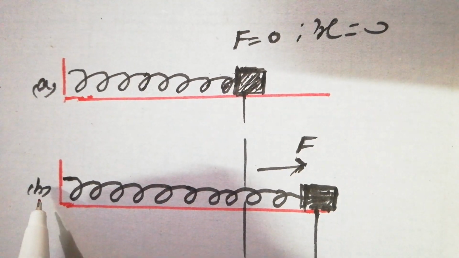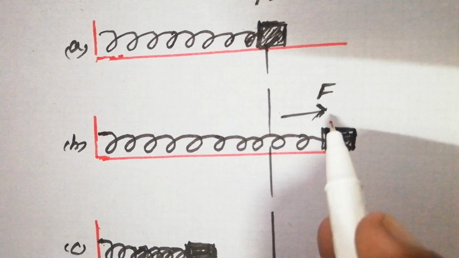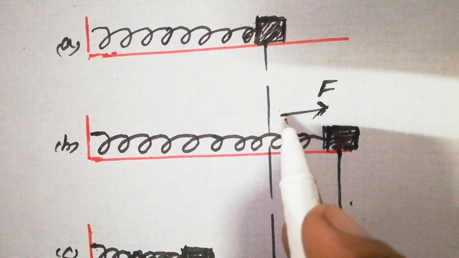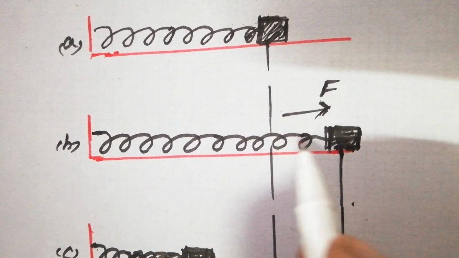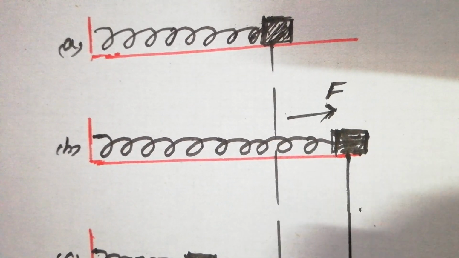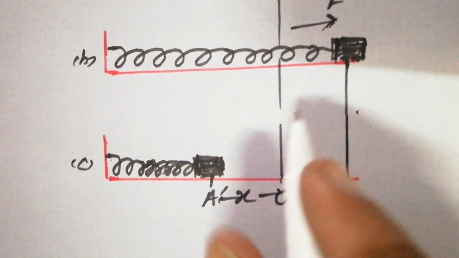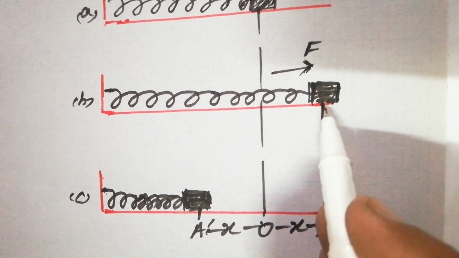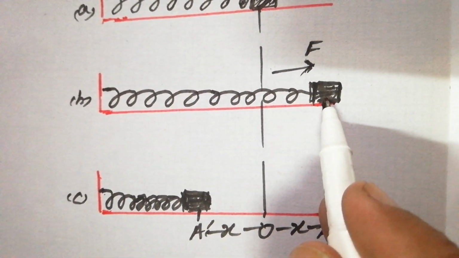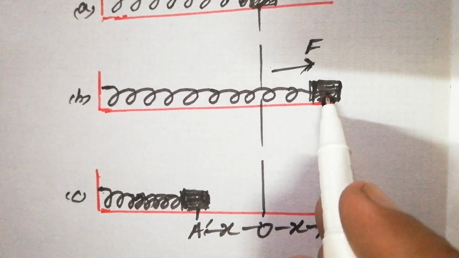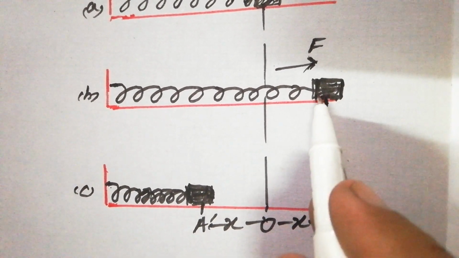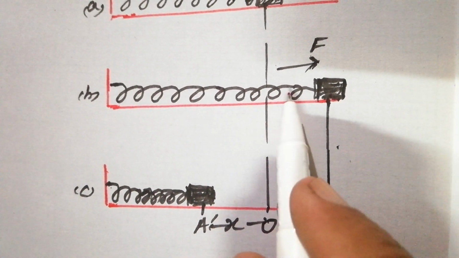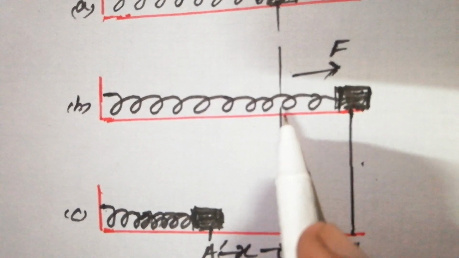In diagram B, we apply the force F in this direction, on the right side, and the body covers a distance x. So it covers a displacement x in that direction. If we remove this force at this point, then the body moves in the left direction under the application of restoring force.